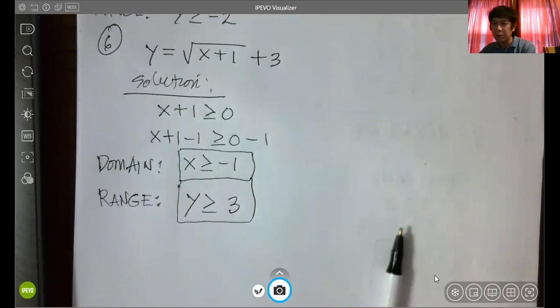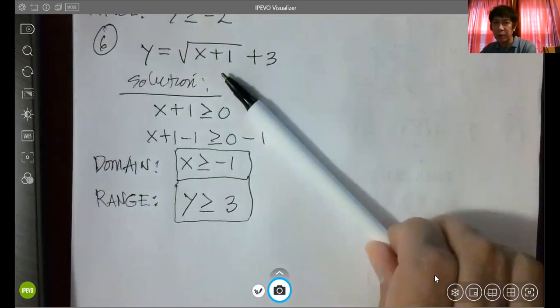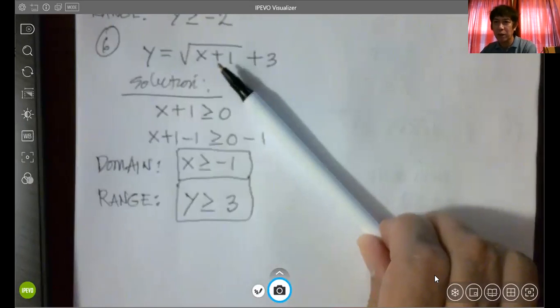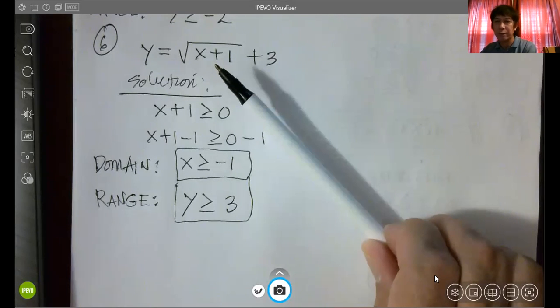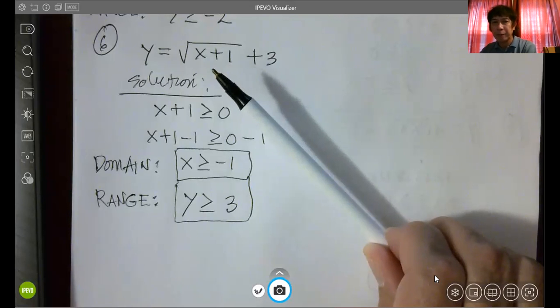If you have something like this, simply relate it to 0 to get the limiting value, and you'll be able to determine the possible values for x. And that will be the way to get the range also.